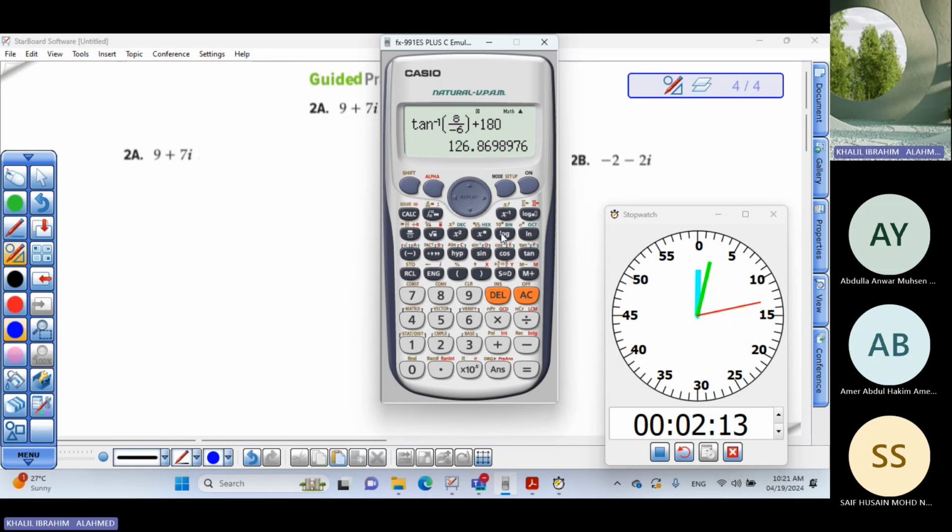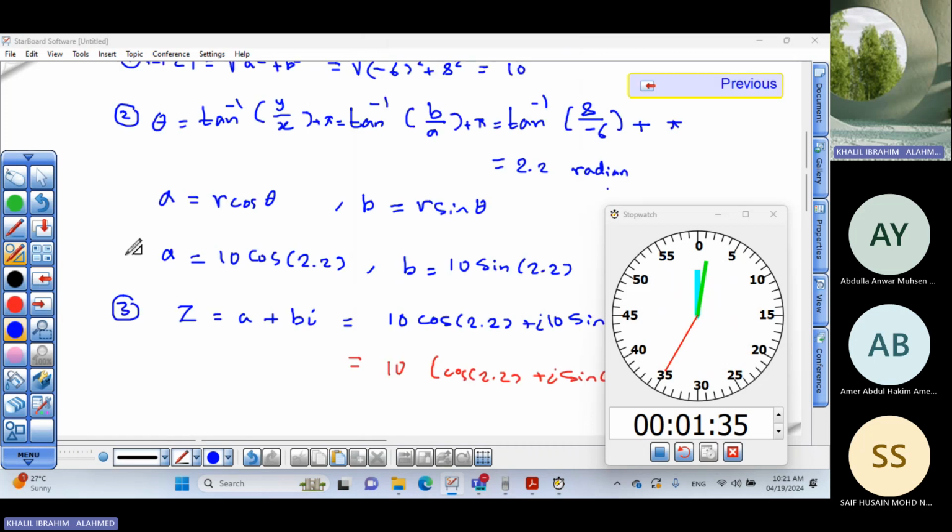I think the answer is 126. How do you know if this is right or not? Here, 126 point 8, approximately 127. This is the angle. If we take the angle in the last question I solved, r is 10, 10 cosine 127 should approximately give -6. Exactly right, because a equals -6 in the last question.